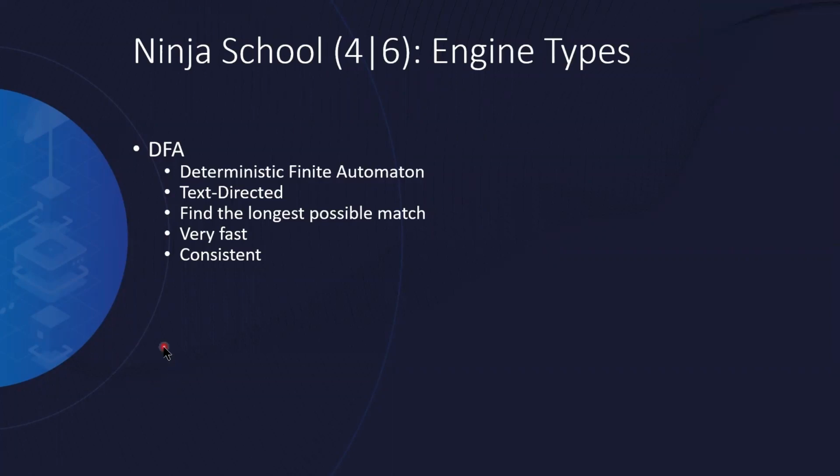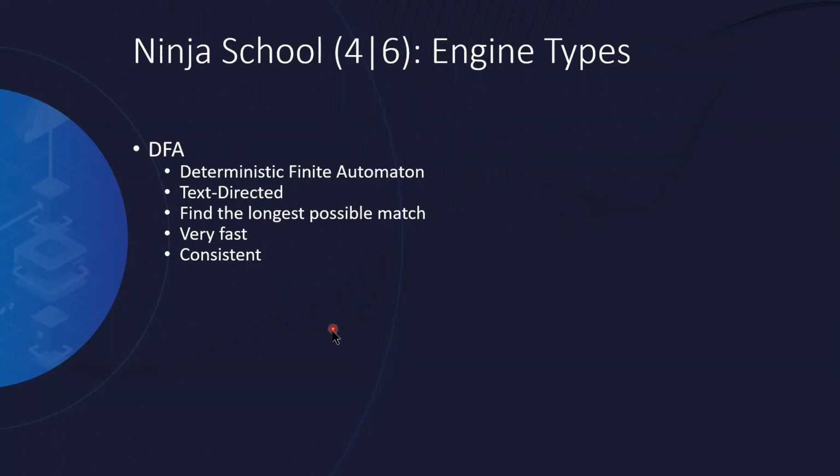So you've got two different engines in regular expressions. The DFA engine, which is deterministic finite automaton, steps through the input string character by character and remembers all of the possible ways the regular expression could match at this point.